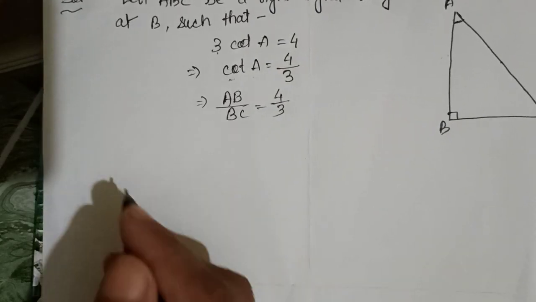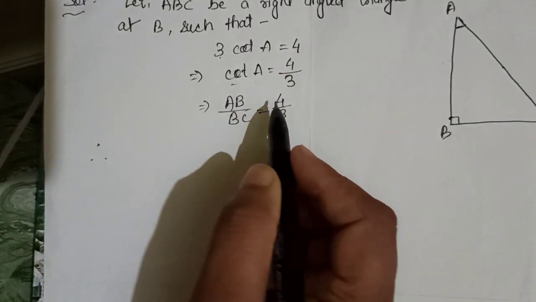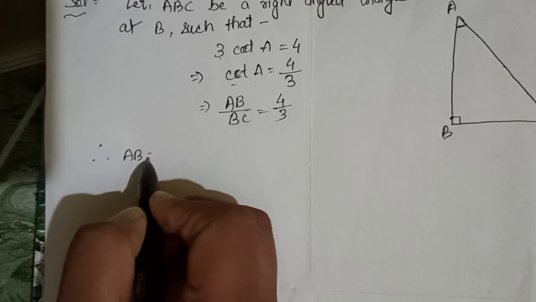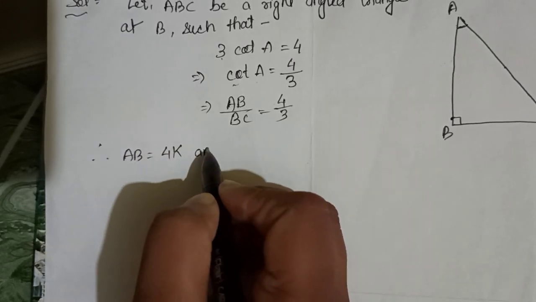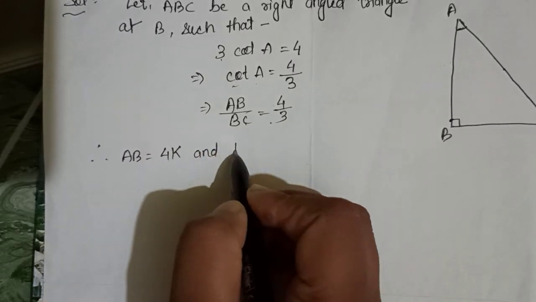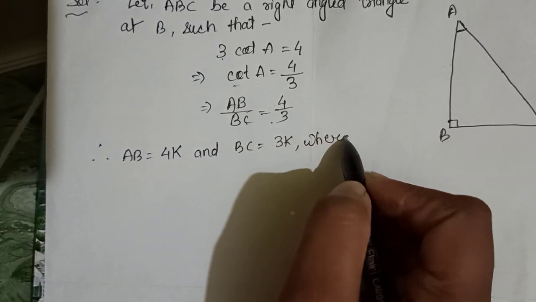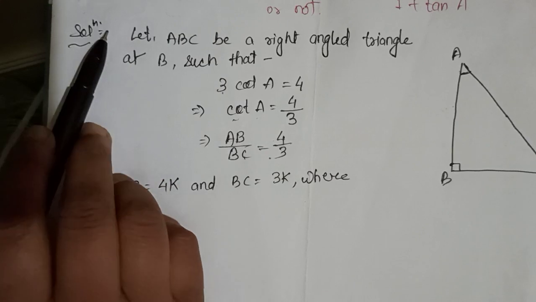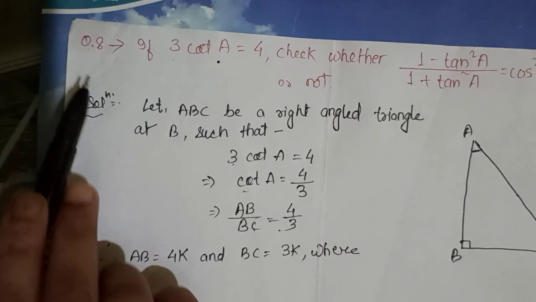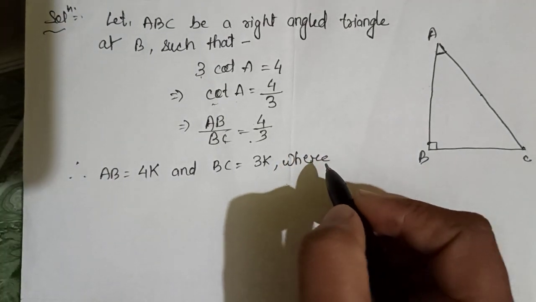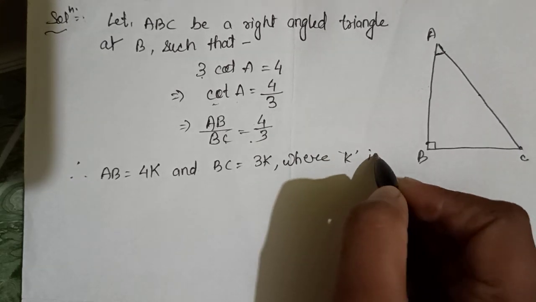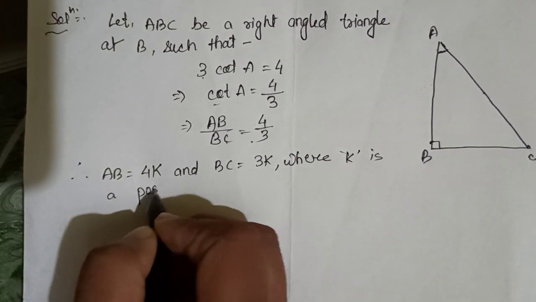Therefore AB equals 4K and BC equals 3K, where K is a positive integer. This is just similar to the previous question which we have done, it is the same as that question, where K is a positive integer.